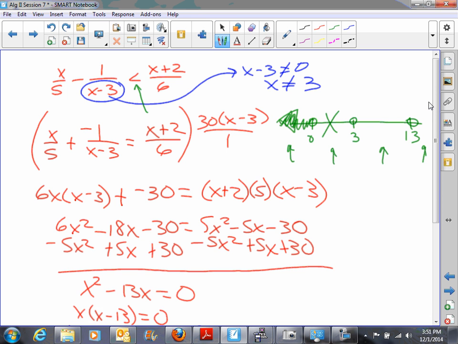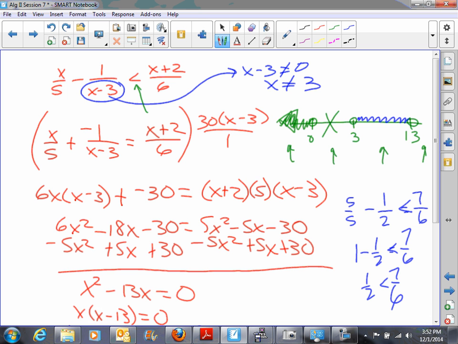Let's do 5. 5 over 5 minus 1 over 2 is less than 7/6. 1 minus 1/2 is 1/2. 7/6 is bigger than 1, so if we subtract 1/2 from 1, we're not going to get something that's, well, wait. 1 minus 1/2 is 1/2. 1/2 is less than 7/6, so we do want that region, so we'll take the region from here to here.